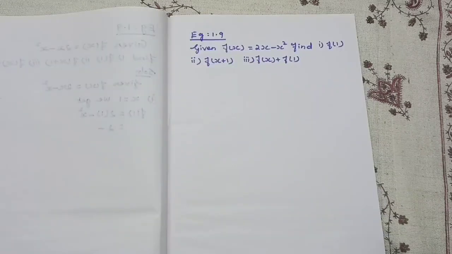Correct? Next we are going to see example 1.9. Given f of x equal to 2x minus x square, find first, f of 1, second subdivision, f of x plus 1, third subdivision, f of x plus f of 1. Okay, what is given here?